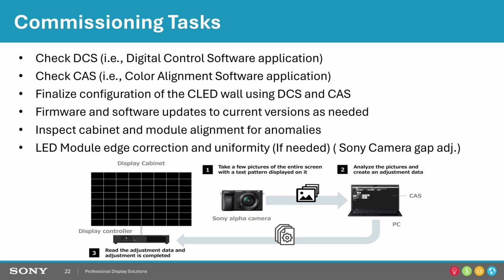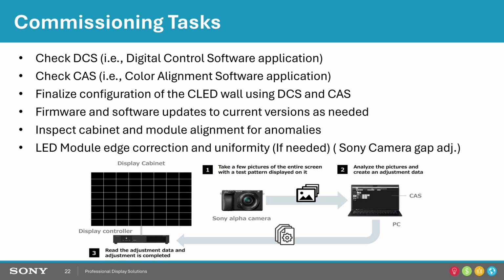Some of my commissioning tasks when I'm on site: I'll go through and check the DCS and CAS setup. DCS is the setup for the CLED display control software. The CAS is the color alignment software. These are the two main software tools that we use to set up, calibrate and align the CLED wall.